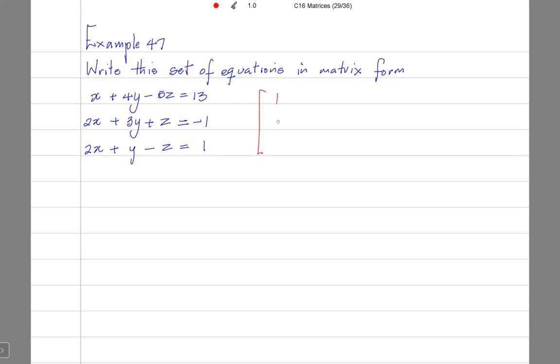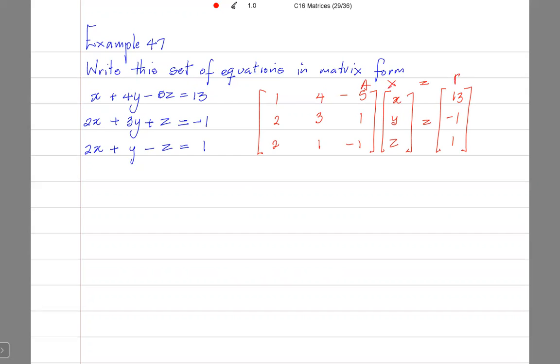We have the matrix with rows 1, 2, 2; 4, 3, 1; and minus 5, 1, minus 1, multiplied by x, y, z, and this is equal to 13, minus 1, 1. So we've just written our matrix equation in the form Ax = b.